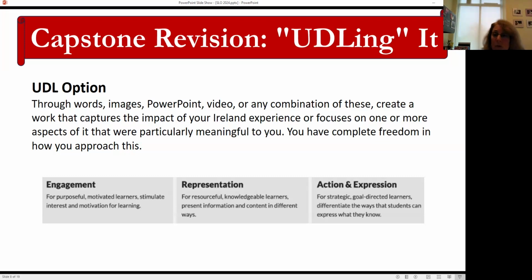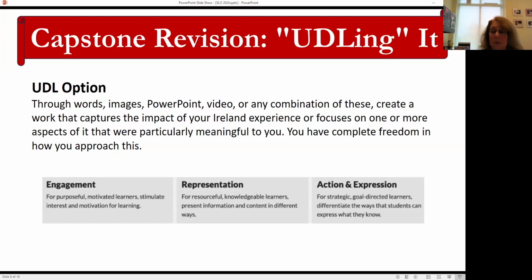They weren't being told you have to focus on X, Y, and Z. They engaged with the content the way they wanted to. When it came to the representation, they pulled their learning from their experiences, but many of them also did additional research because it was of interest to them, and that helped build up their project. And then finally, in the action and expression, they were given complete freedom to choose to do whatever they wanted.